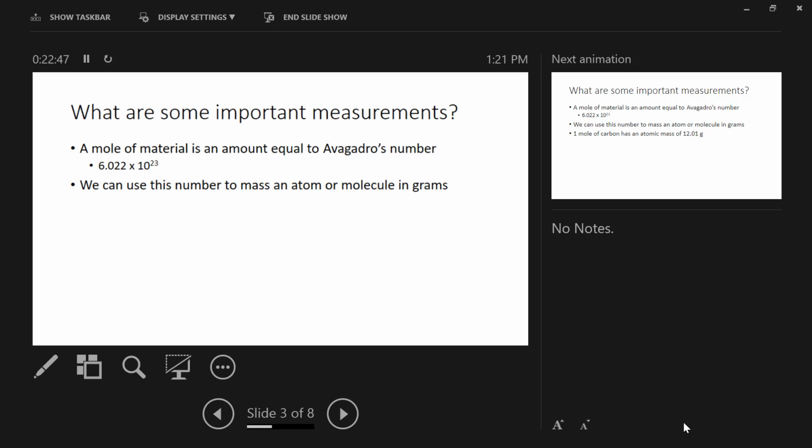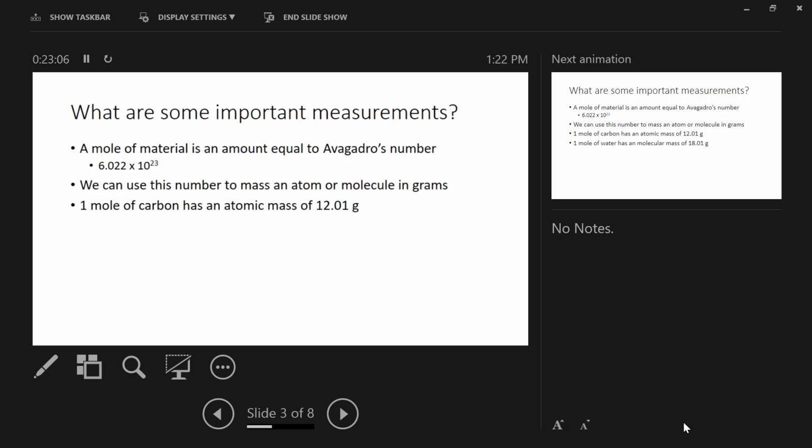So a gram is not that much material, right? And then to think that there are 6.022 times 10 to the 23rd of something inside of something that small, it's impressive, right? These are tiny, teeny, tiny little things.